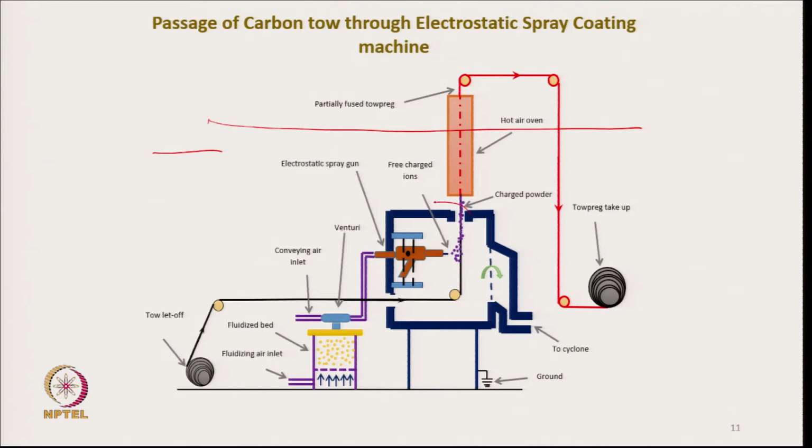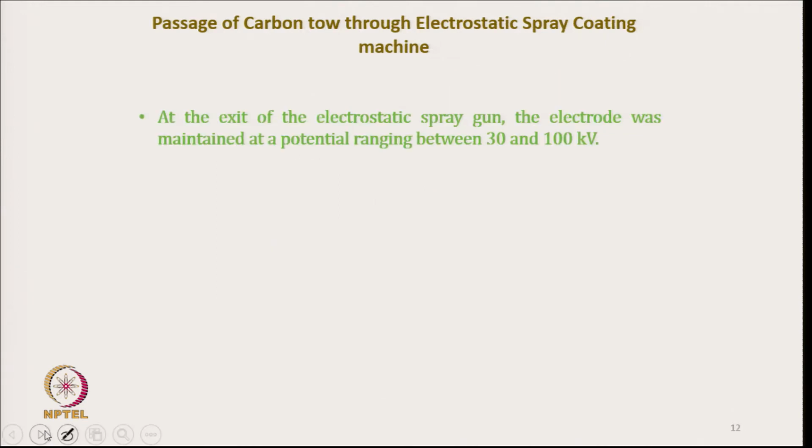This is the place we have discussed, and at the exit of the electrostatic spray gun, the electrode was maintained at a potential between 30 to 100 kilovolt.